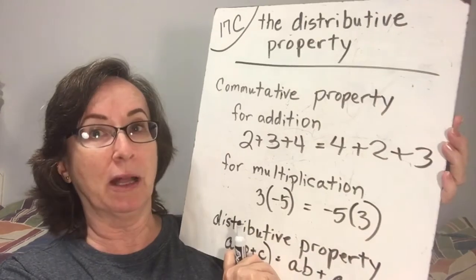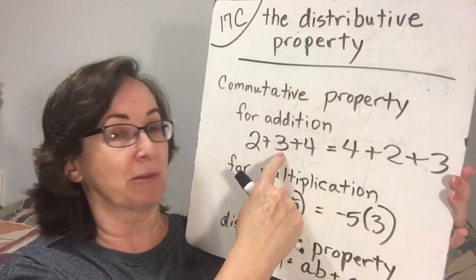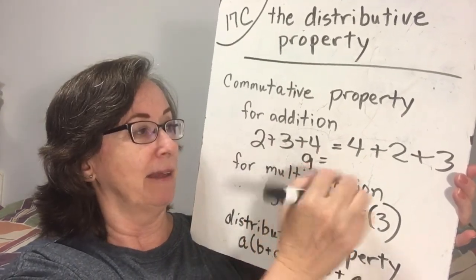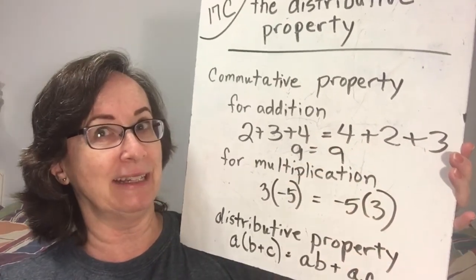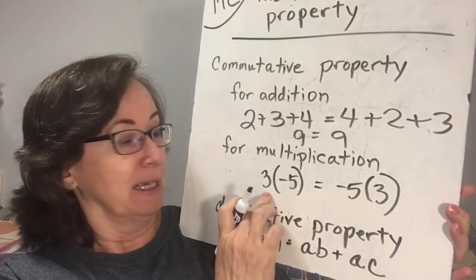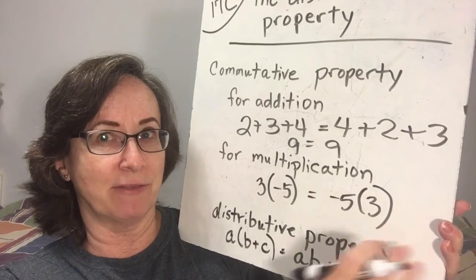So now I mixed them all up, but I have the same numbers and it's still addition. So 2 plus 3 is 5, plus 4 is 9. And then 4 plus 2 is 6, plus 3 is 9. And I still get 9 either way I do it. For multiplication, it simply means that 3 times negative 5 is the same thing as negative 5 times 3.